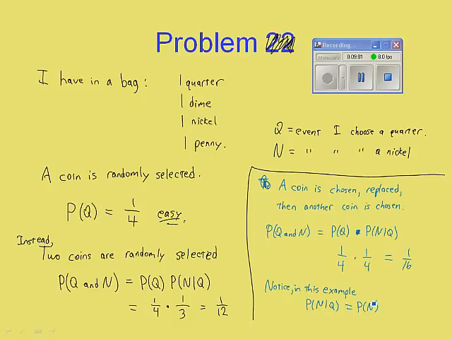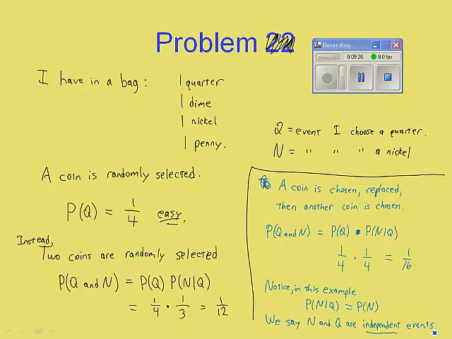It's just the probability of N occurring anyways. Right, because the quarter was replaced. So in this example, we say N and Q are, and here's the big vocab word for this section, they'll call them independent events.